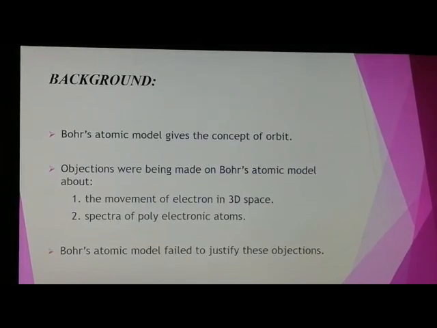So first we are going to discuss the background of quantum numbers. Bohr's atomic model gives the concept of orbit. Objections were being made on Bohr's atomic model about the movement of electron in 3D space and the spectra of polyelectronic atoms. Bohr's atomic model failed to justify these objections.